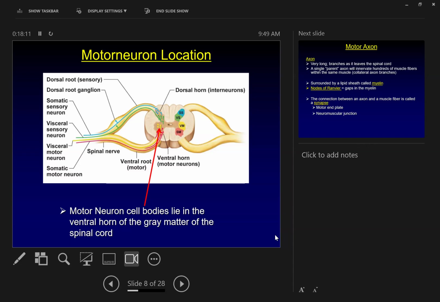So you've got cell bodies, axons leave, they all come out. Most of them will come out from a vertebral standpoint through the foraminal space and out, and then they all bundle up together. You will also note, though, that there are what we call afferent with an A, sensory axons leading back into the same location from those same muscles, but they come in on the dorsal side.